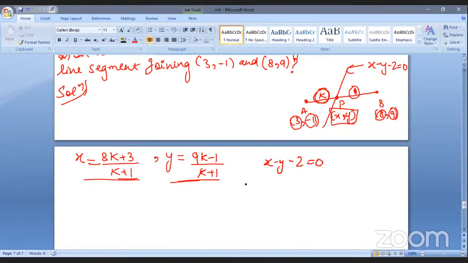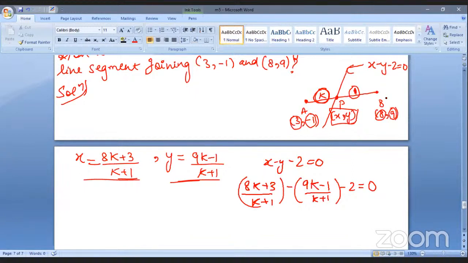So if I just put the value of x and y in this equation, we know that this point will satisfy this line. By this we are able to find these coordinates in the form of k, and I just put it in the equation of this line to make it satisfy.